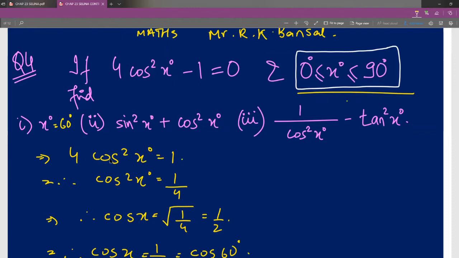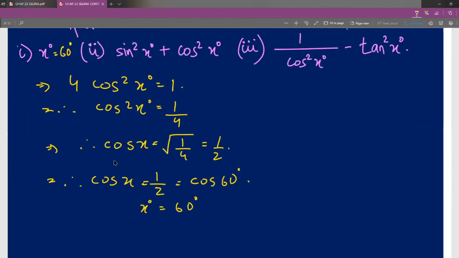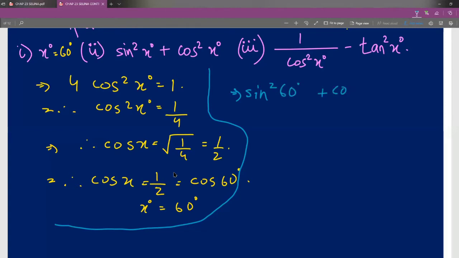So I'll solve it on the left hand side. So I'll just make some space. So over here, sine square x plus cos square x. Okay. So wherever there is x, I'll substitute the value with 60 degree. So sine square 60 degree plus cos square 60 degree. Okay.